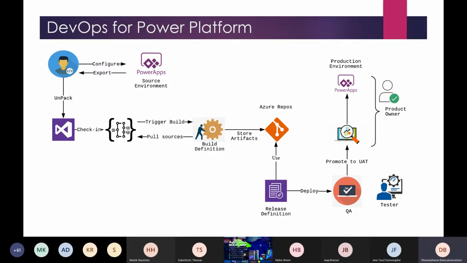We have defined a certain process, and this is not a thumb rule that each and everyone should follow the same process. For our problem statement and challenges, we came up with this automation process. Typically in a larger organization, multiple developers will be working in a single source instance or developer instance.